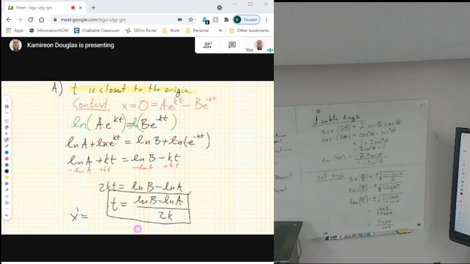This is a place where this is going to have a value of 0, assuming this exists. I should make that very clear. It's possible this doesn't exist at all, because if B is negative, well then this wouldn't have an answer. Now I did say in the problem, I believe, that it should be positive constants. But there we have it. That's one solution. Okay?